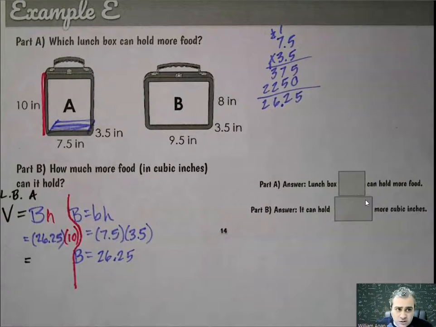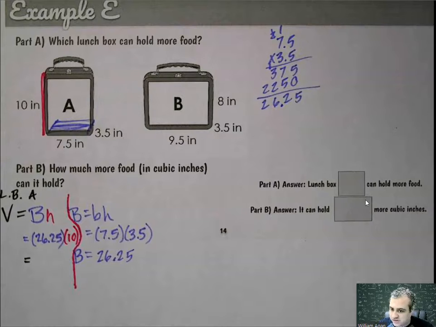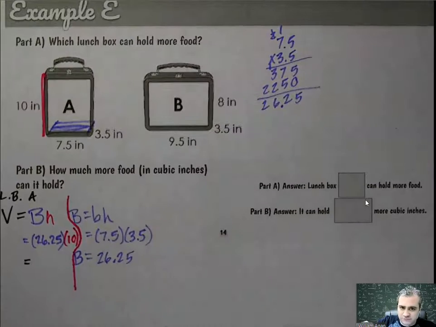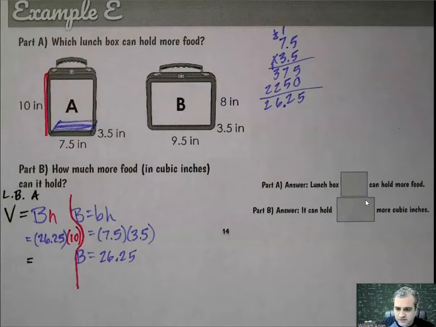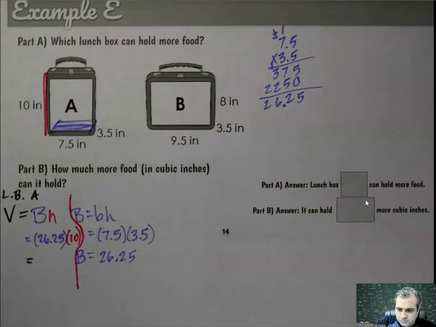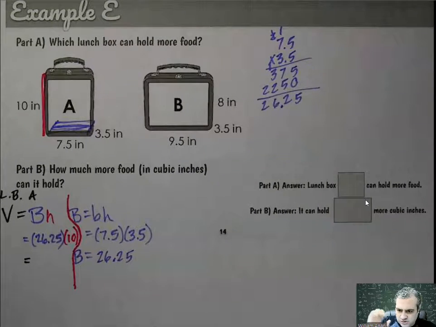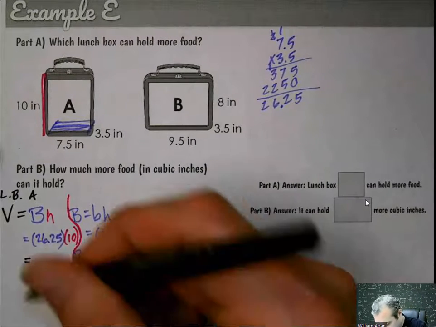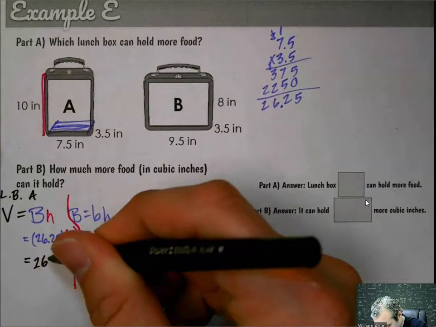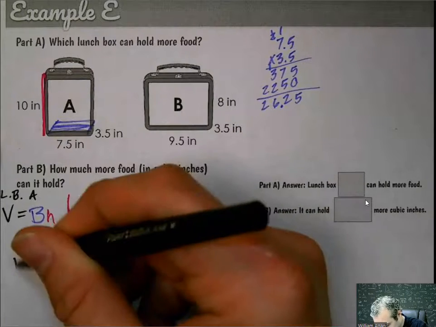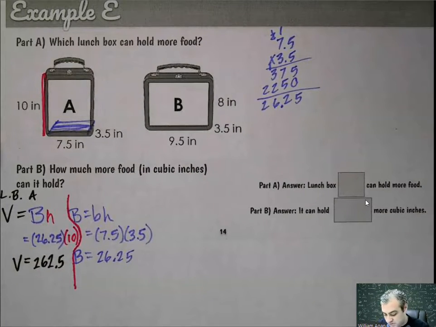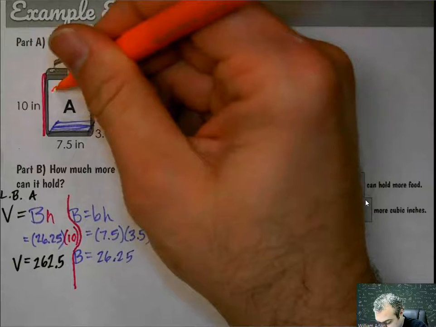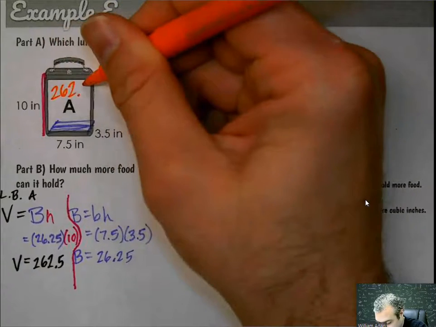If you were paying attention in one of the earlier examples, I told you multiplying by 10 is awesome. It's super easy. If there's a decimal, all you have to do is move it one time to the right. If there isn't a decimal, all you have to do is add a 0 on the end. Well, this one has a decimal, so I just move it one time to the right, and the volume is 262.5. So, lunchbox A is 262.5.